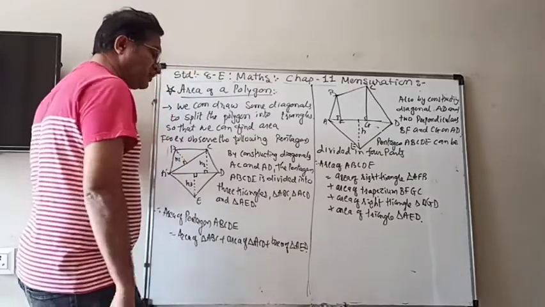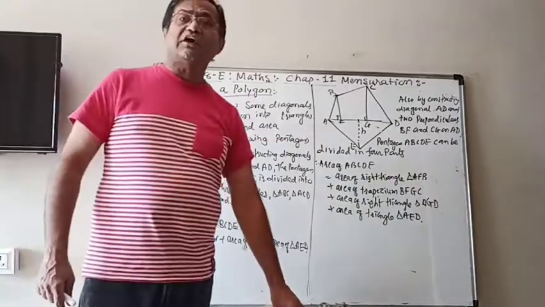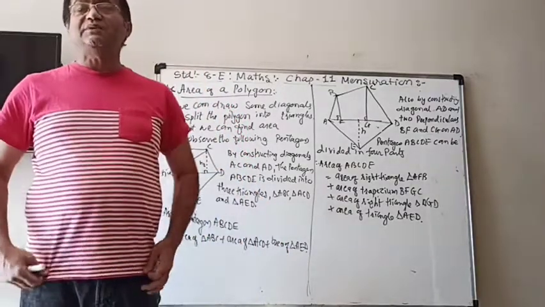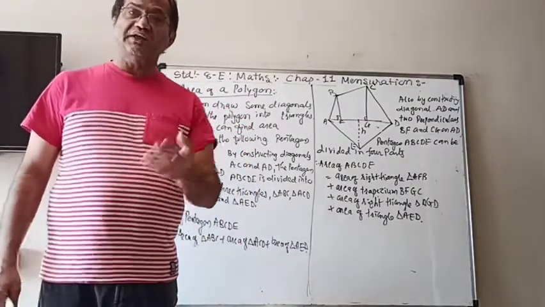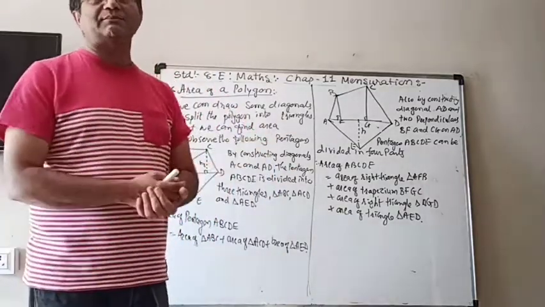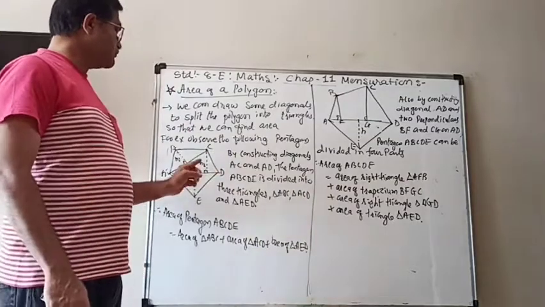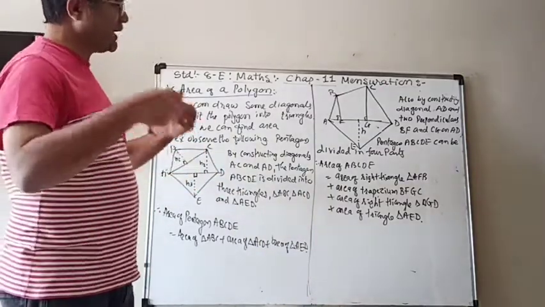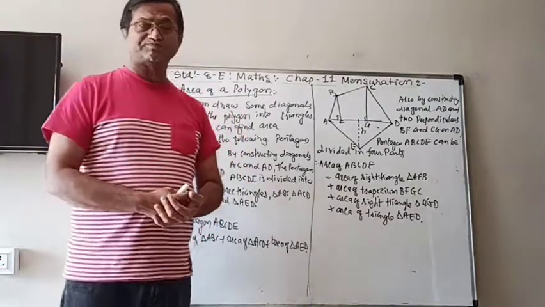Similarly, if any polygon is there, then we have to draw some diagonals so that it is split into some triangles, and then by finding the areas of the triangles and adding them like this, we can find the area of the whole polygon.